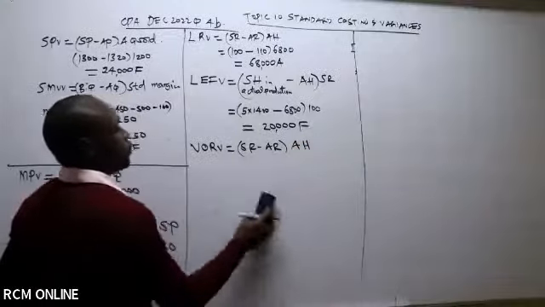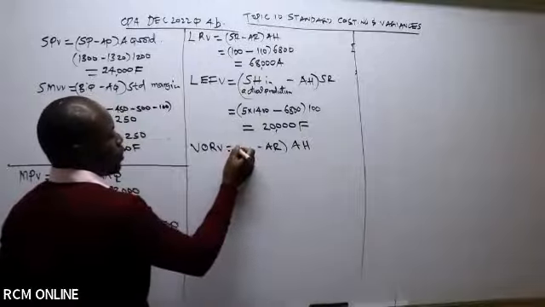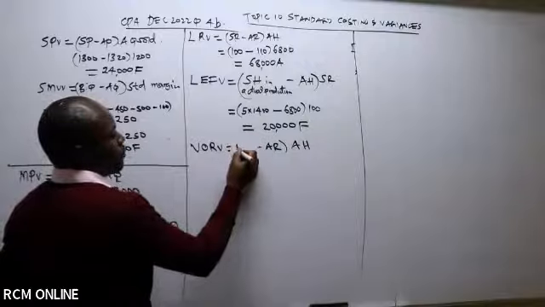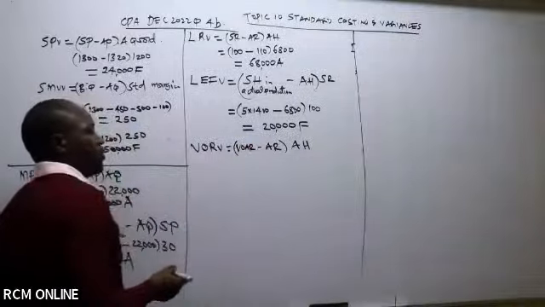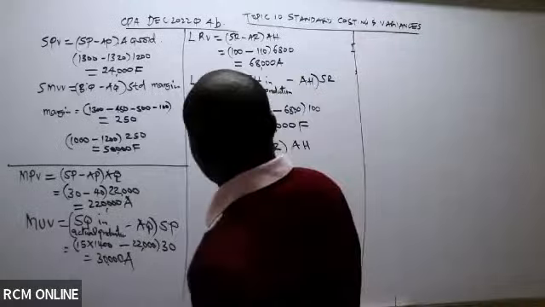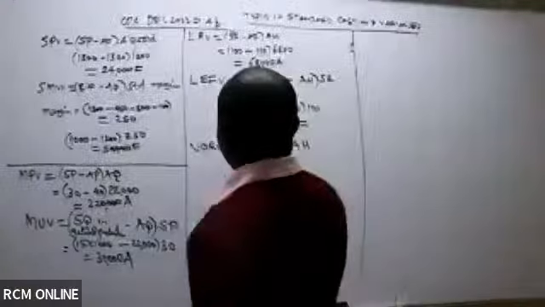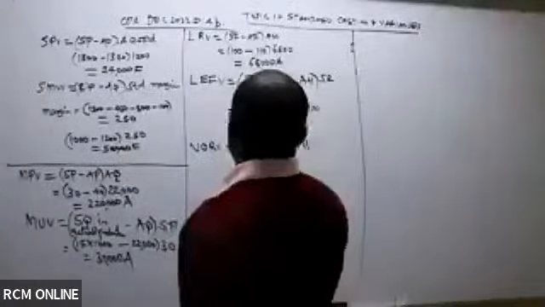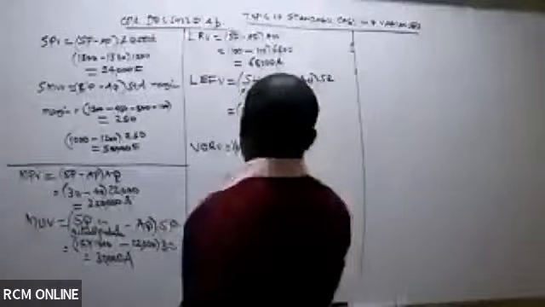When we talk about standard rates, you are able to recall we're talking about the variable overhead absorption rate. If they are being absorbed based on labor hours, then the variable overhead absorption rate will be, let's say, 20 shillings.